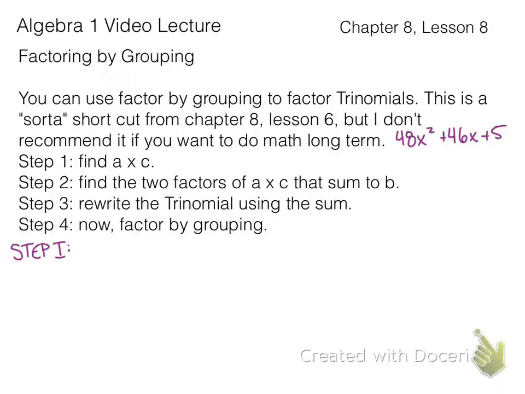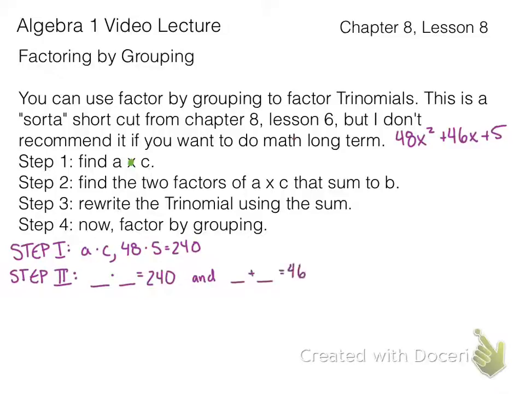This is actually a multiplication: a times c is 48 times 5, which is 240. Step 2, find the two factors of a times c that sum to b. So what two numbers times each other give you 240, and those same two numbers, when you add them, give you 46? Well, that would be 6 and 40.